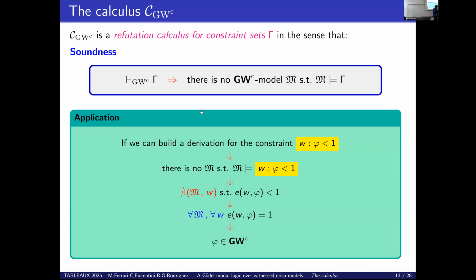There is no model for this constraint. This means that there is no model and world such that the formula at the world is less than 1. This means that in every world the formula is 1, and so the formula belongs to the logic.